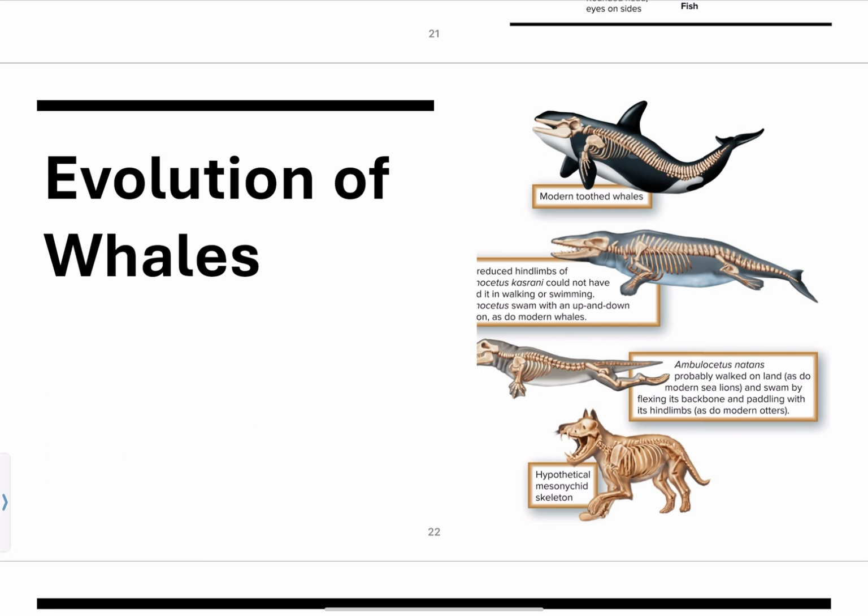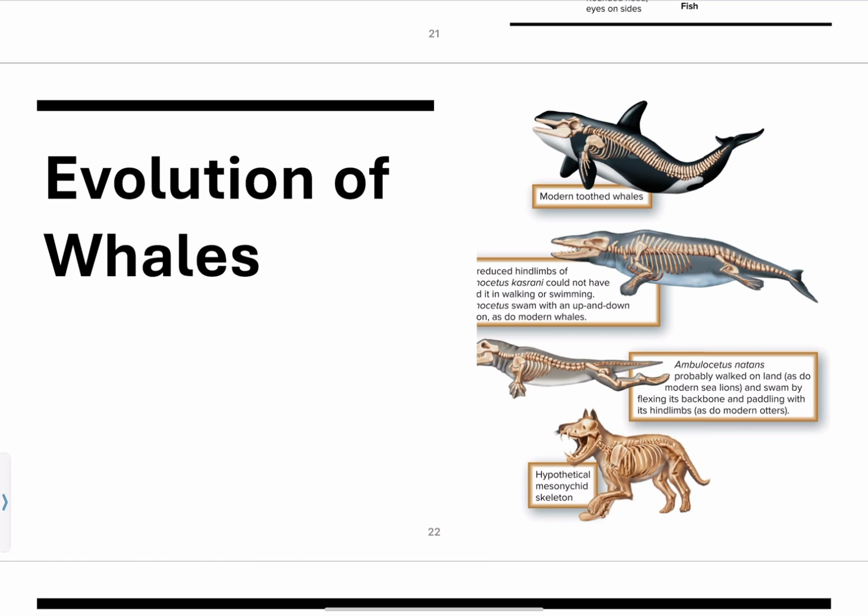And their rear legs also shrank dramatically. So fossils from one of the first fully aquatic whales from about 40 million years ago still show tiny hind limbs, no longer used for walking, but a clear vestige of their land-dwelling past.